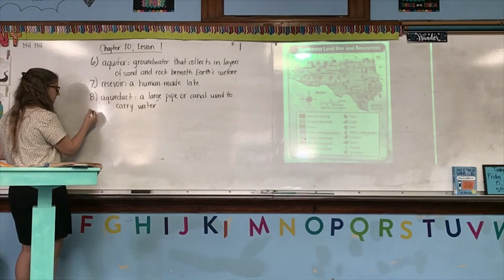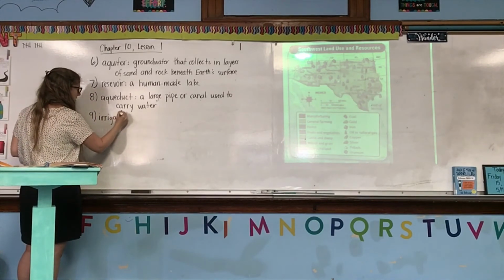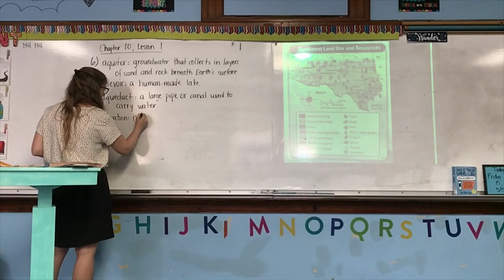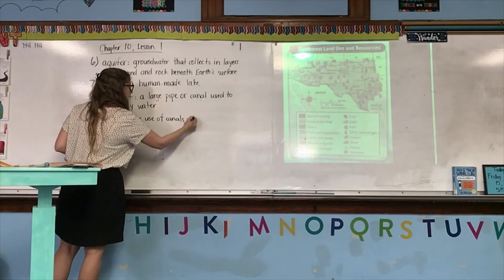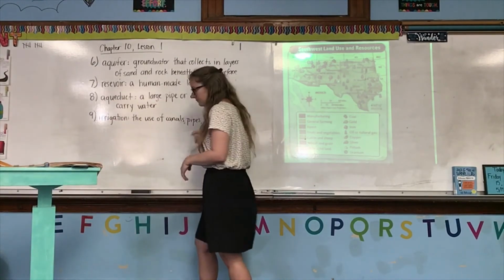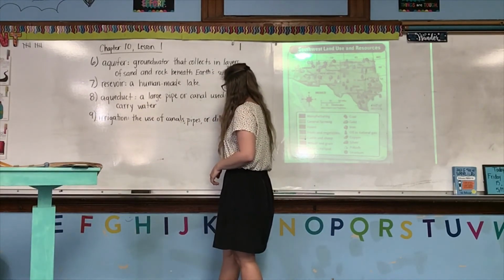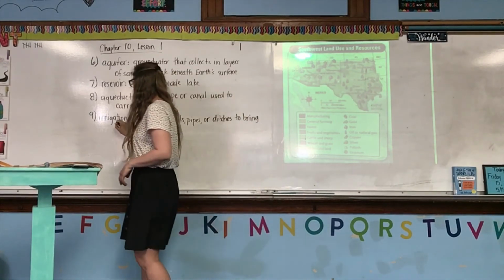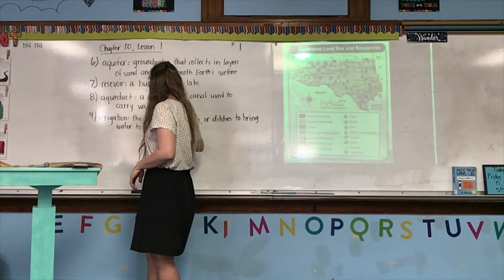So, number 9 is the word irrigation. And irrigation is the use of canals, pipes, well, I've got it out of order a little bit, but that's okay, or ditches to bring water to dry places.